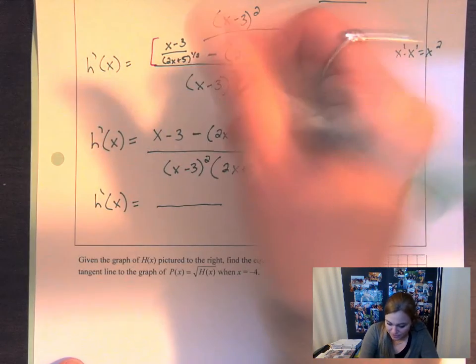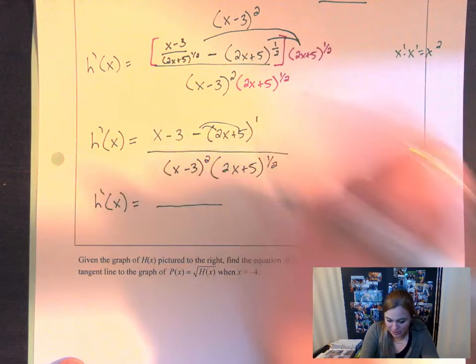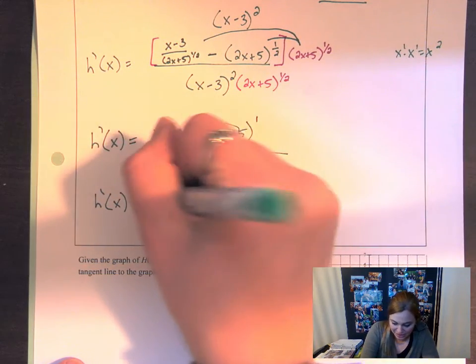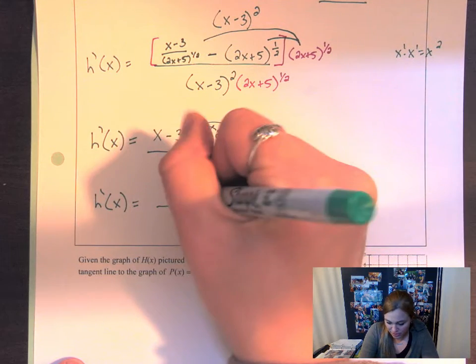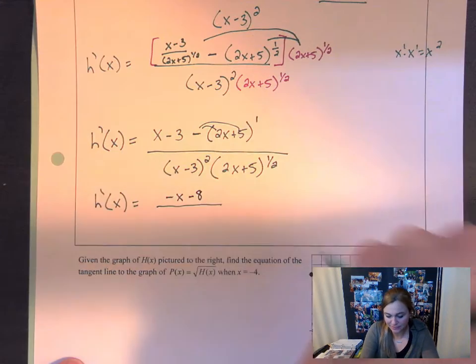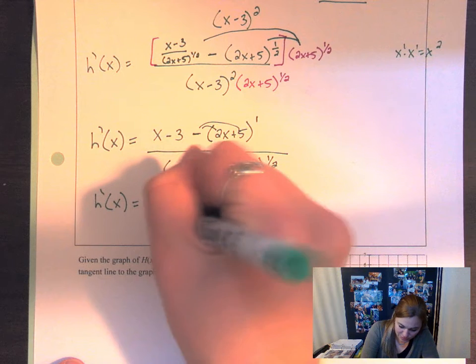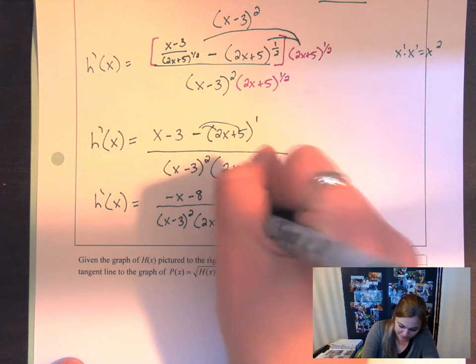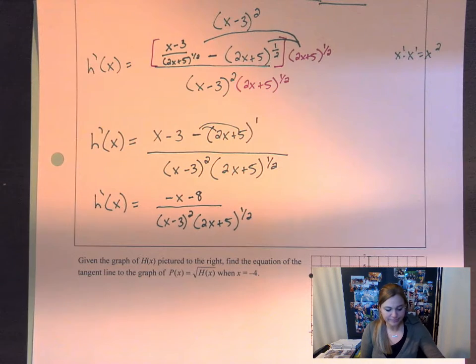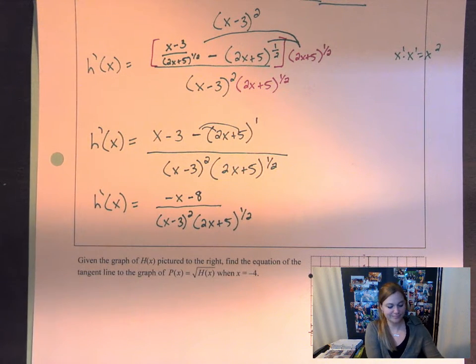If I did this, it would be negative 2x minus 5. So x minus 2x would be negative x. Negative 3 minus 5 would be negative 8. X minus 3 squared, I can't do anything with that. I can't do anything with this. So I think that's where I'm going to leave it.